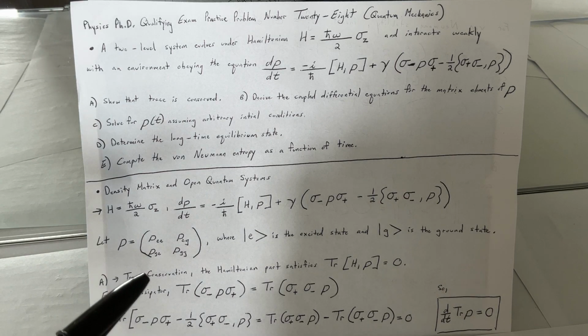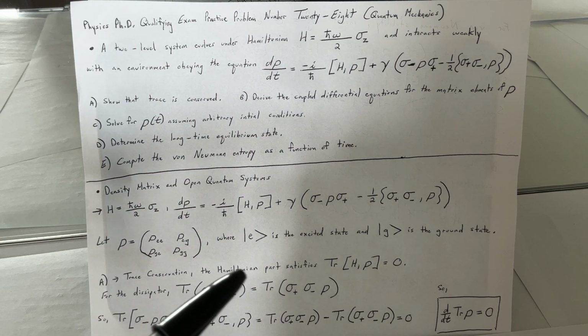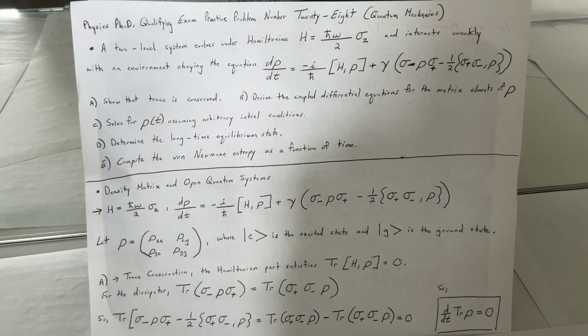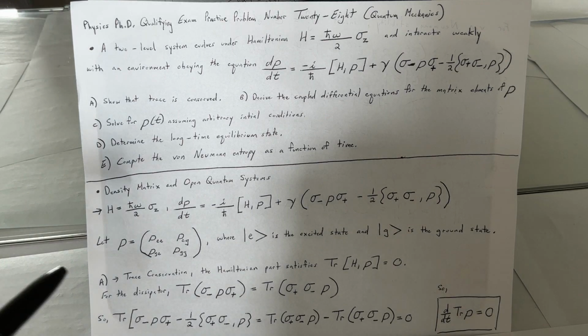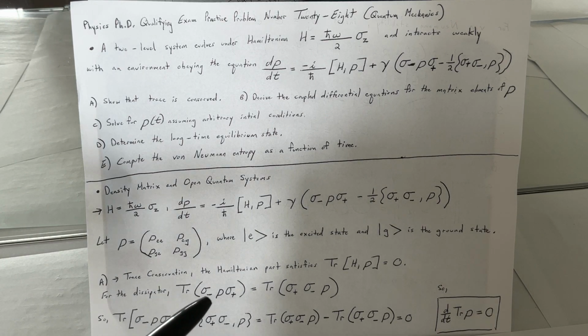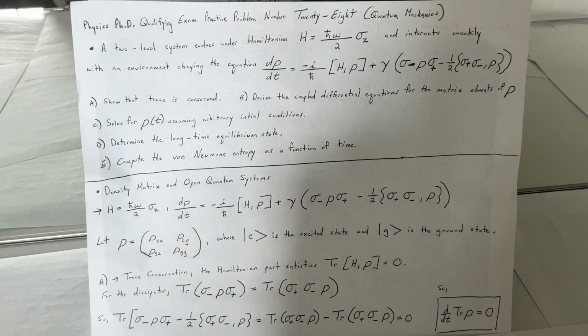So for part A here, for the trace conservation, the Hamiltonian part satisfies this. The trace of the commutator of H and rho equals 0. And for the dissipator, the trace here, sigma minus rho sigma plus, equals the trace of sigma plus sigma minus rho.